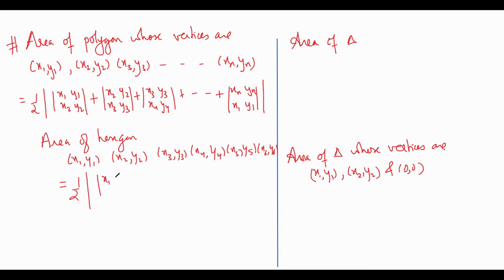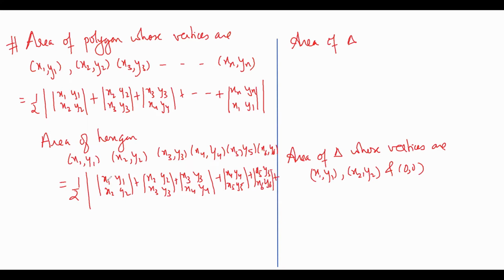What I do: x1 y1, x2 y2, plus x2 y2, x3 y3, plus x3 y3, x4 y4, then x4 y4, x5 y5, then x5 y5, x6 y6, but at last the order is reversed.